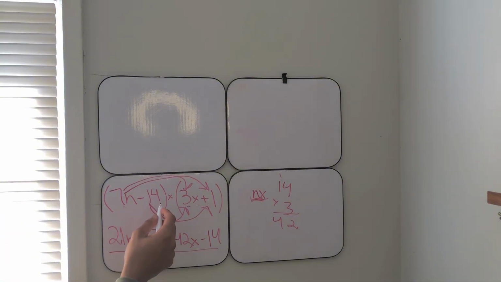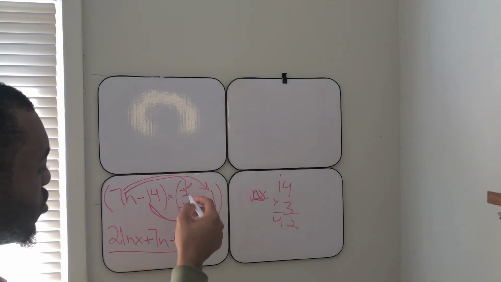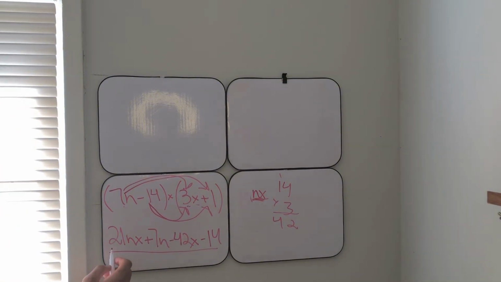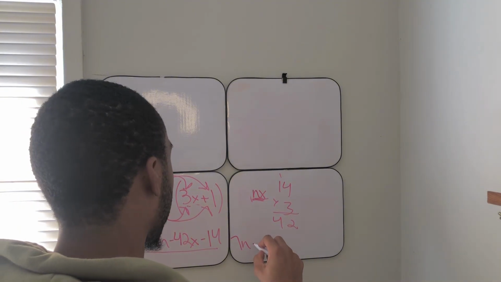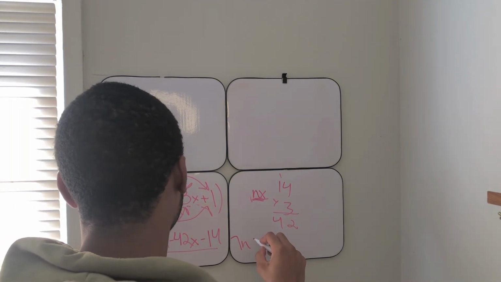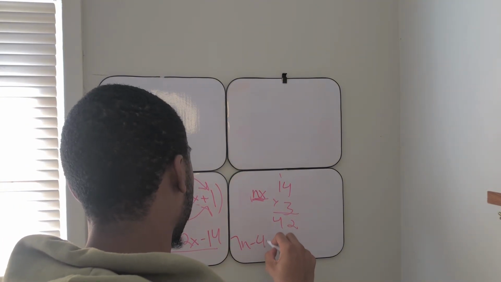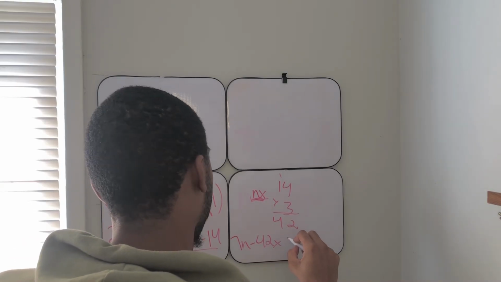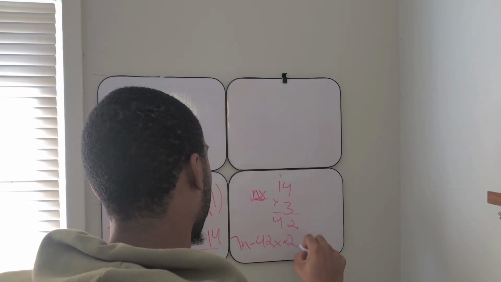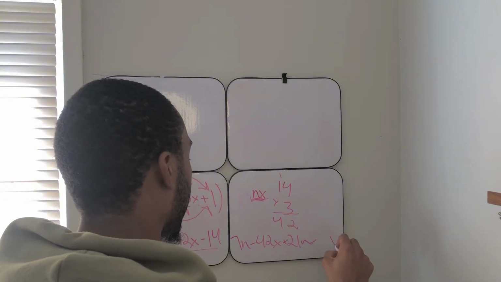And this is the answer. 7n minus 14 times 3x plus 1. What you get out of that, and we can switch up the order however we want to, we could be 7n minus 42x plus 21nx minus 14.